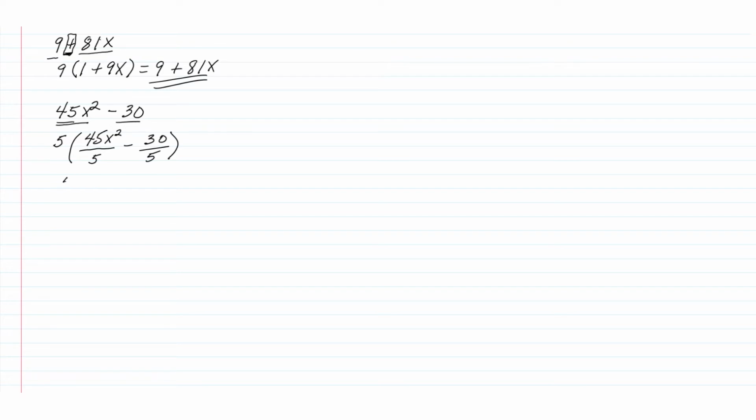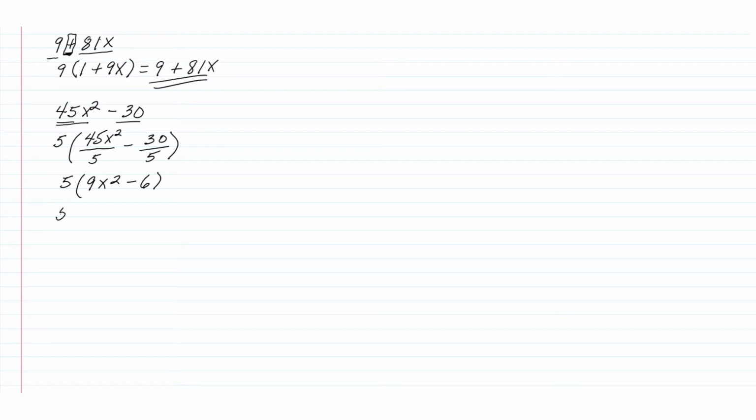And that's going to give us 5 times 9x squared minus 6. Now that looks good, except I now notice that, hold on a second, the 9x squared and the 6 have something in common, don't they? They each have 3 in common.